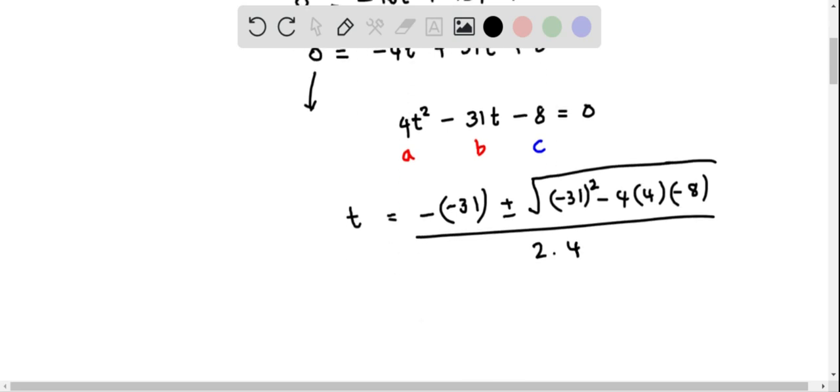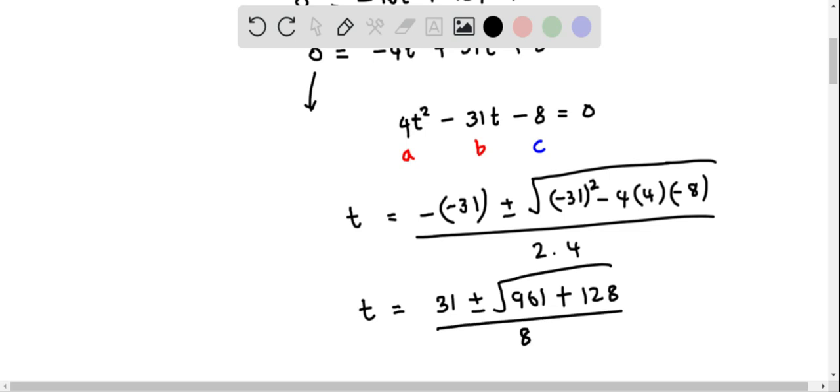Let's simplify this. Negative of negative 31 is positive 31, plus or minus the square root of negative 31 squared, which is 961, plus 128, all divided by 8.